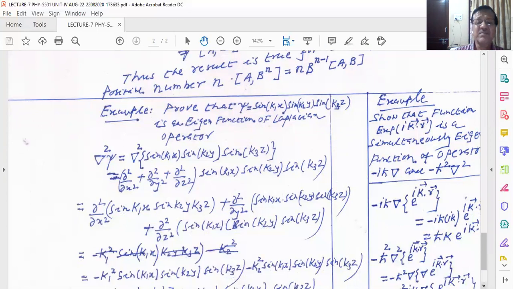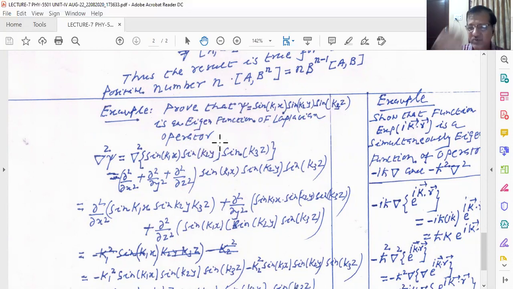Now there is a very simple problem which we would like to solve. The problem is: show that the eigenfunction psi equal to sine k1 of x, sine k2 of y, sine k3 of z is an eigenfunction of the Laplacian operator.